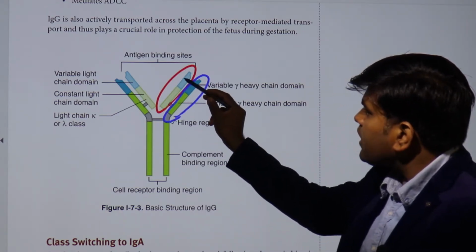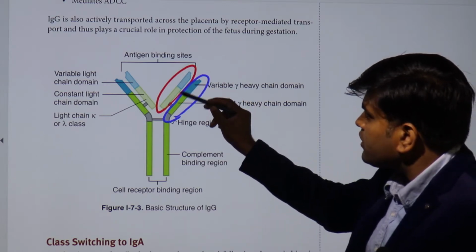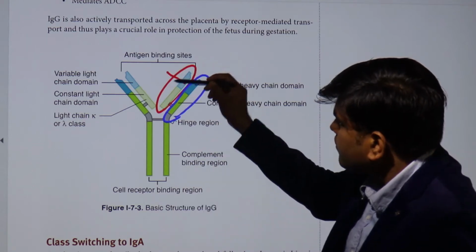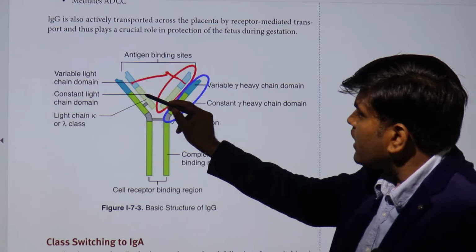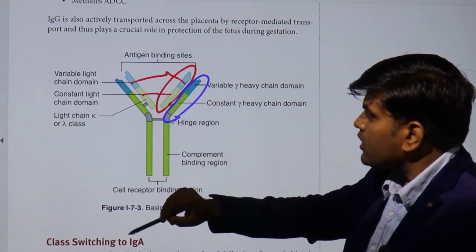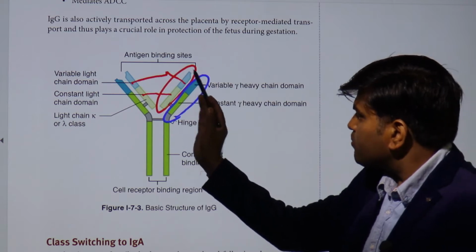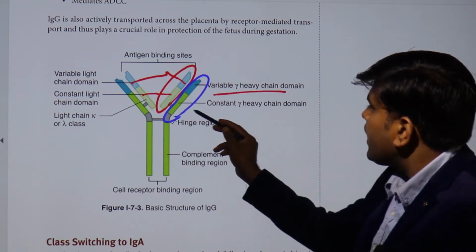The upper one is the light chain and the lower one is the heavy chain. The light chain has two portions: the variable region of the light chain and the constant light chain domain. The heavy chain also has a variable region and a constant region.